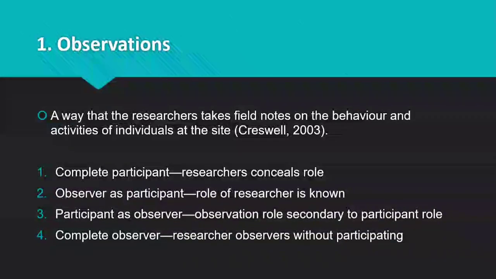So basically the researcher is an observer who takes field notes of the things that happen, the people's behavior and the activities. As for taking the field notes, normally there are two ways.